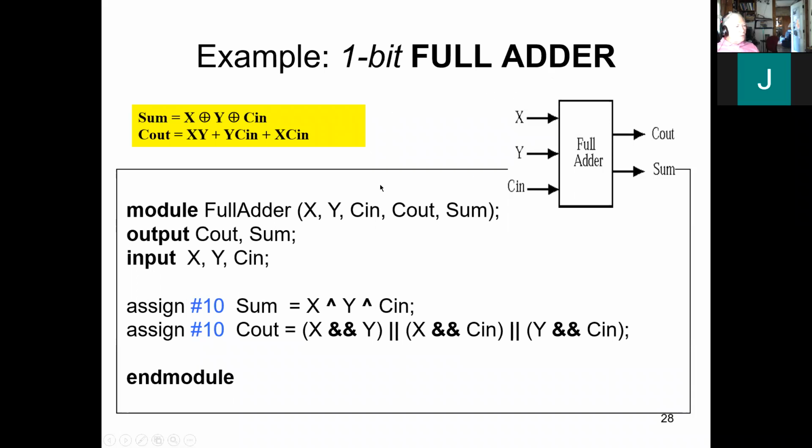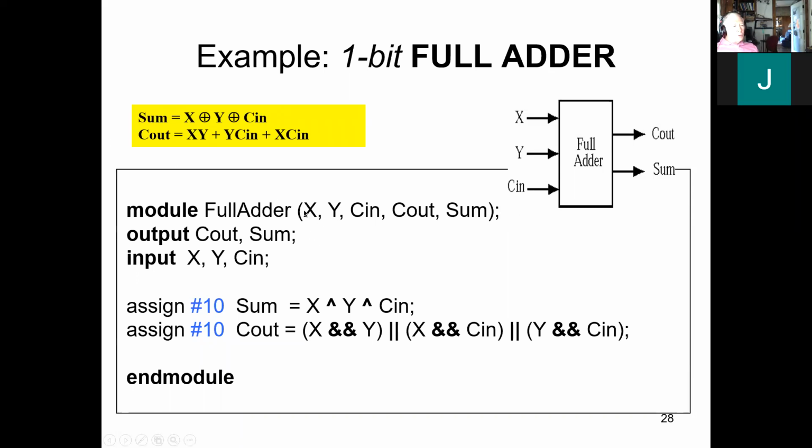And then this module can be instantiated anywhere you want. And when you instantiate it, you have to make sure that your list of variables follows how they're defined in your module definition. Or you can use what's called the dot notation, which we haven't talked about yet, but we'll eventually cover that.